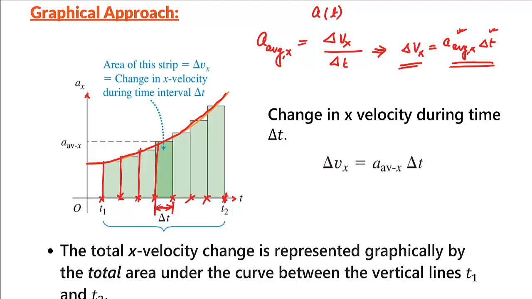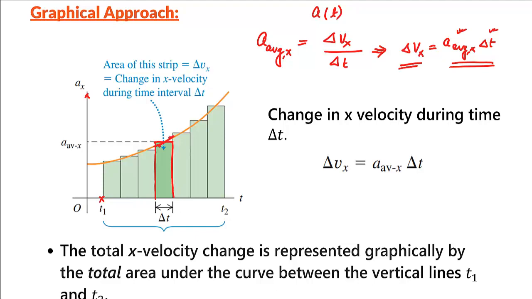Then we will make one rectangle. This is the rectangle that we have. For this rectangle, the acceleration is not constant. For example, acceleration is varying from here to here. For this point this is the acceleration, for this point this is the acceleration.